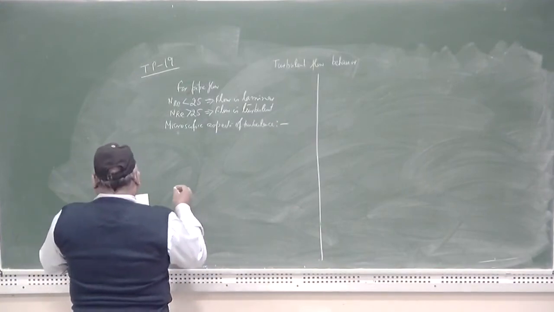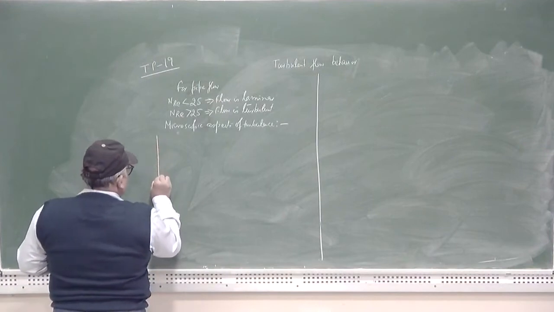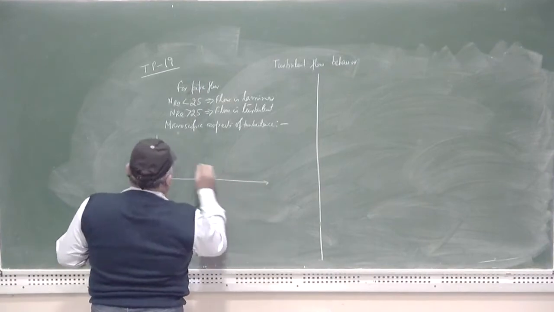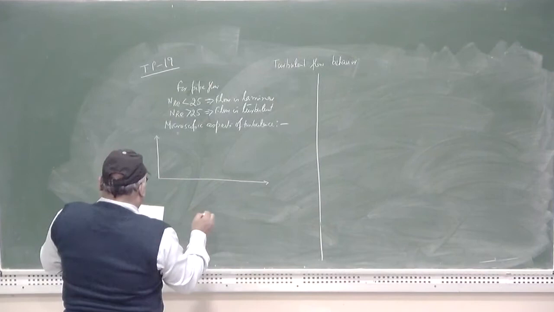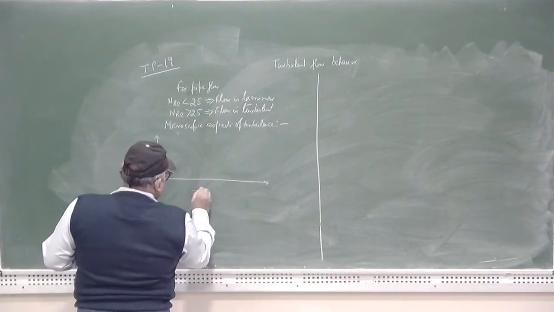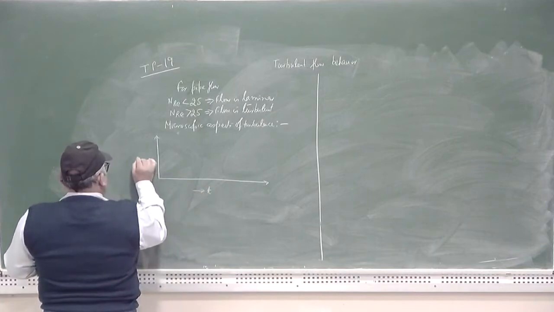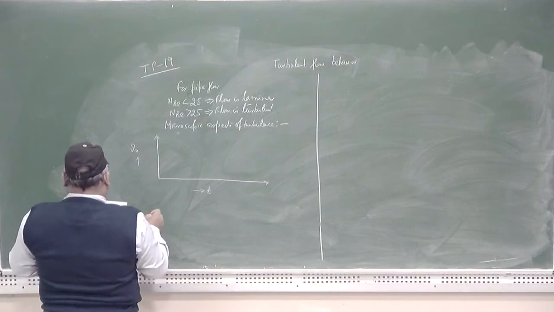So, on the same guidelines, even for a steady state situation, if you examine the turbulent flow, let us suppose this is along the x-axis, I am putting here time, this is Vx, this is an oscillogram.